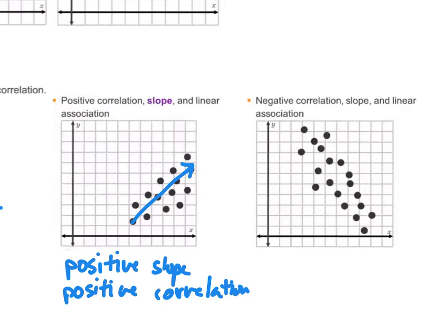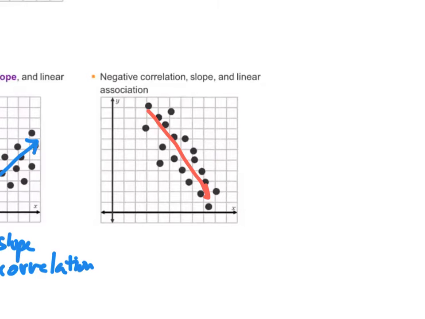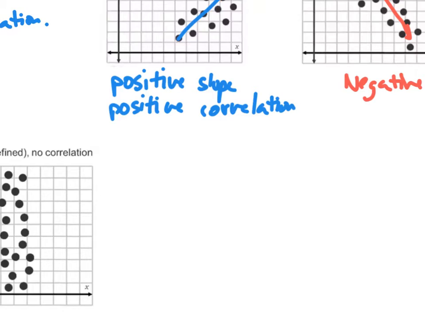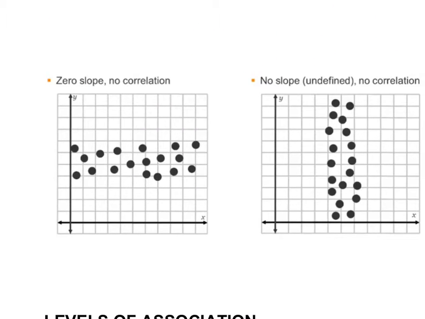Now over here, this one has a negative correlation. If you can draw a line that fits the data, this would have a negative correlation or slope. All right, let's take a look over here. This is an example where we would have zero slope or no correlation.